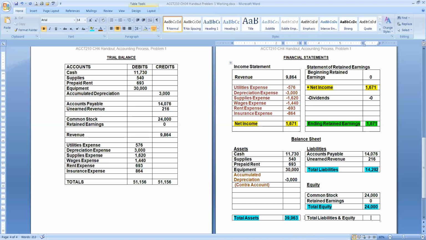For retained earnings, is it supposed to be 1,671? Yep, it is. Very stupid mistake. Okay, so this should be that. And of course, that has to make this difference be 25,671.